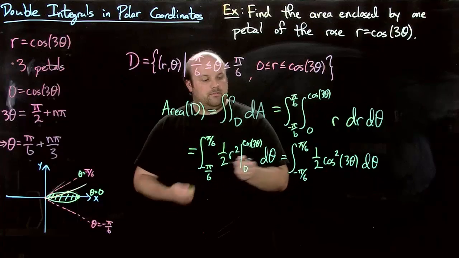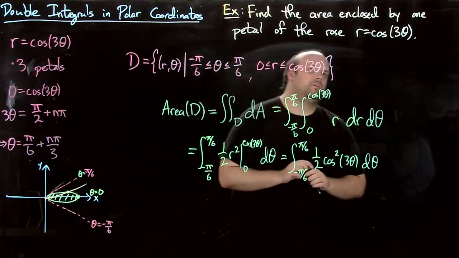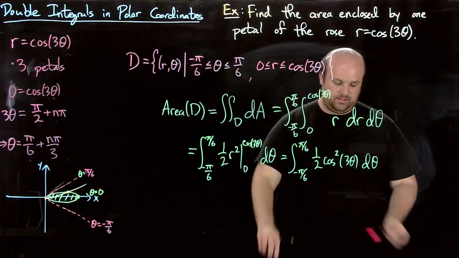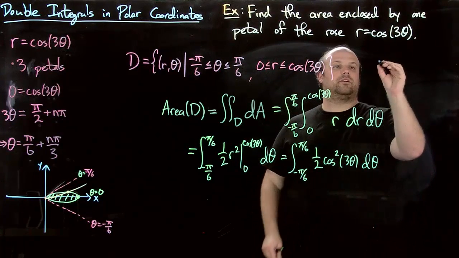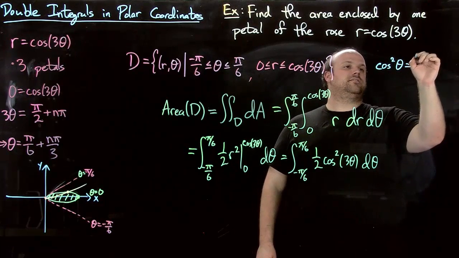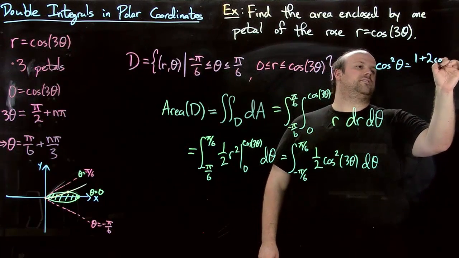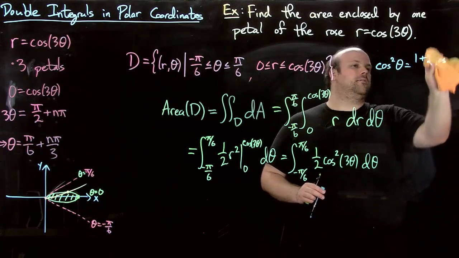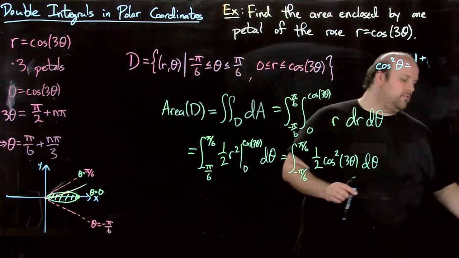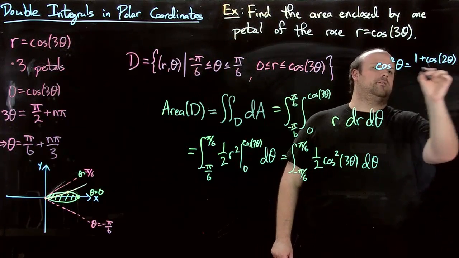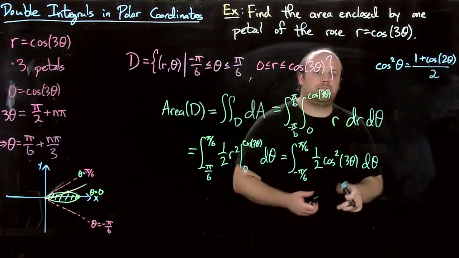To integrate that, we're going to have to use this trick here. Cosine squared theta is 1 plus cosine 2 theta over 2.